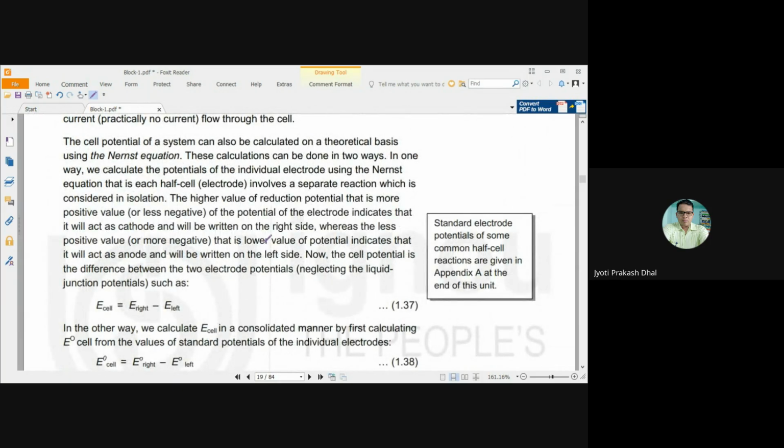So the cell potential of a system can also be calculated on a theoretical basis using the Nernst equation. This calculation can be done in two ways. In one way, we calculate the potential of the individual electrode using the Nernst equation, that is, each half cell involves a separate reaction which is considered in isolation.